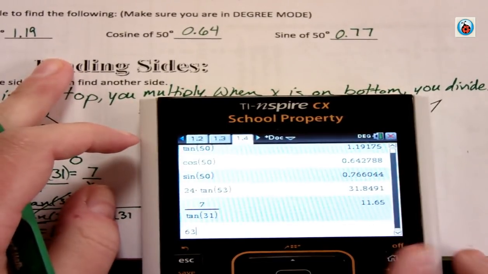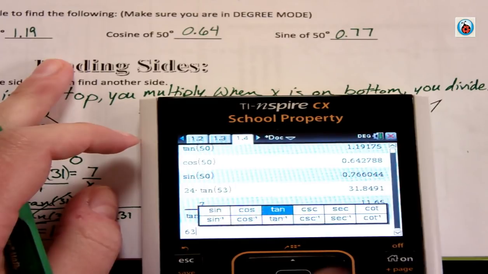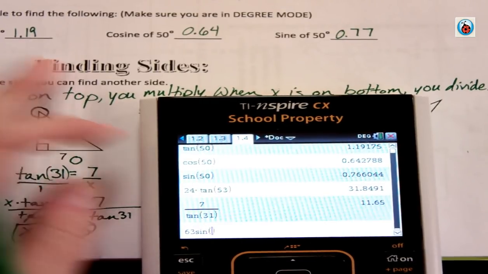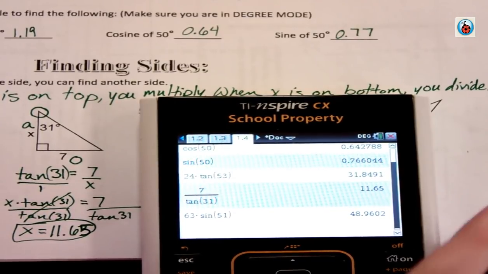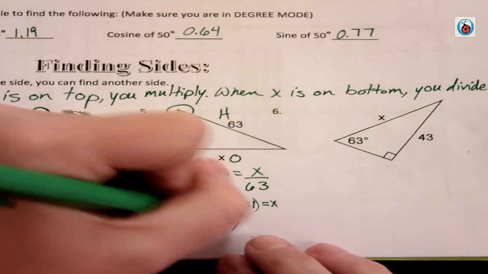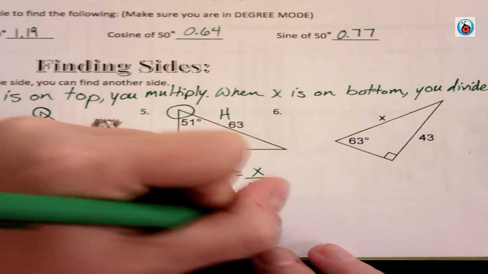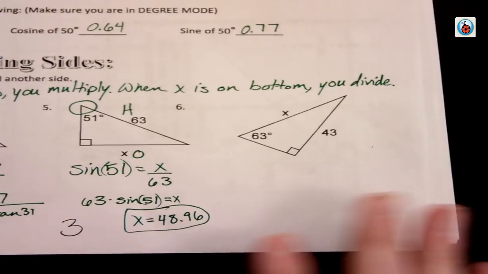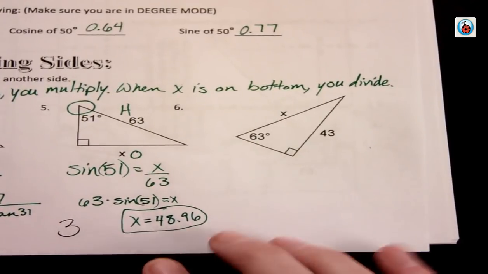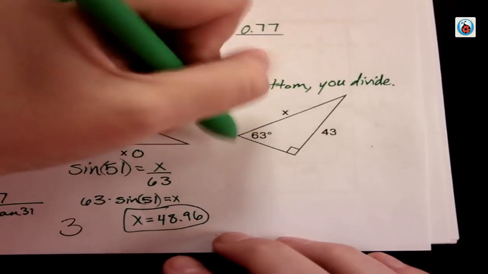This is how we put it in our calculator: 63 times sine of 51. We got 48.96. I'm going to start going a little faster. If you need me to slow it down, you can pause the video.